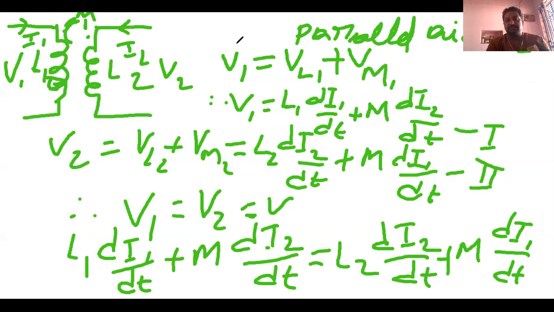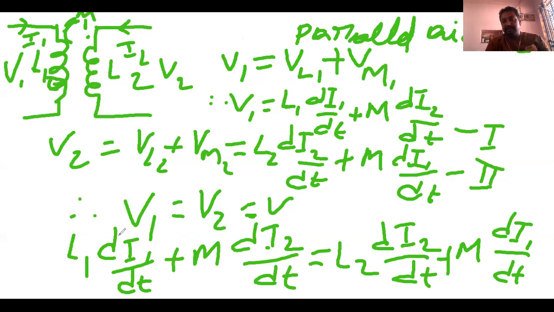Based on this, we determine V1, which is equation 1, and V2, which is equation 2. Then as per the property of parallel connection, the voltages are the same, so V1 is equal to V2.